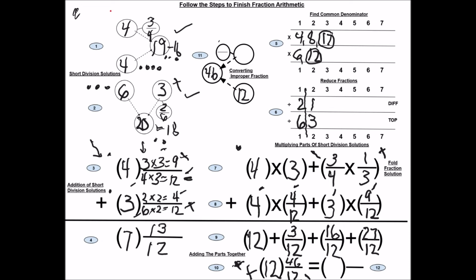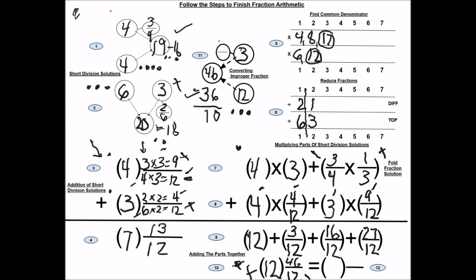And so first we have to count by 12s until we get to 46. And so that'll give us 12, 24, 36, and the next is 48, which is more than 46, so our answer is 3. And since 3 times 12 was 36, we have to subtract 36 from the 46. 6 take away 6 is 0. 4 take away 3 is 1, so 10.